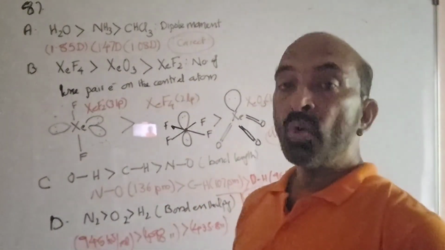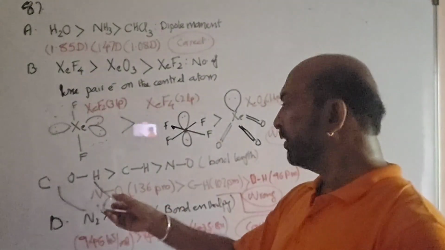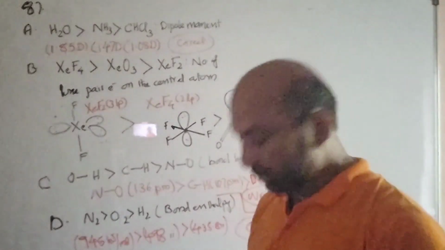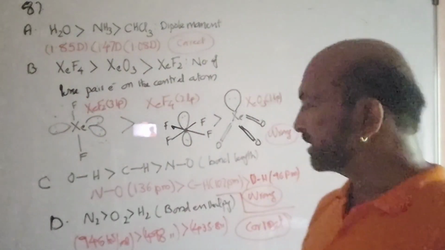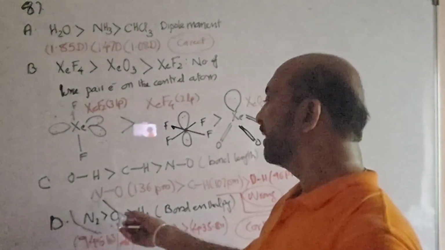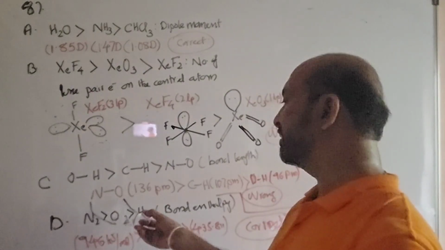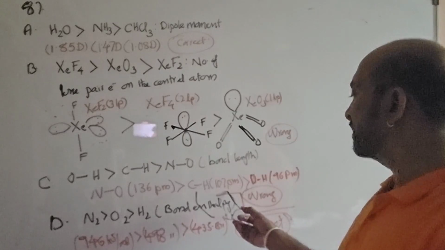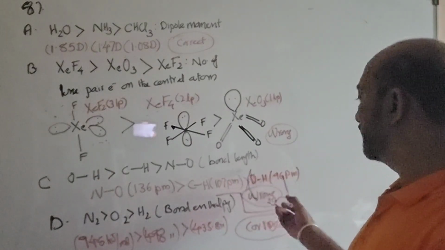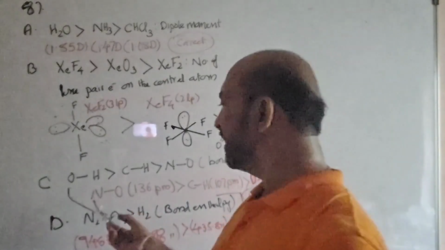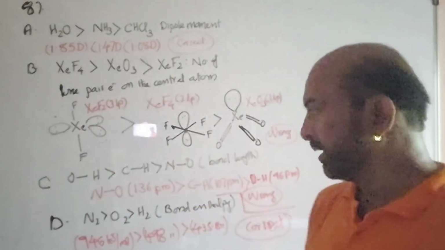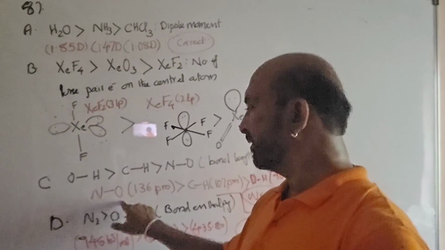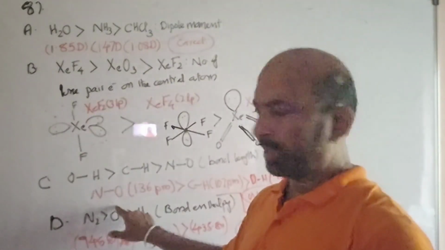Next is bond length. They have given O-H greater than C-H greater than N-O. Only those who are familiar with bond length values can answer this. N-O has the highest bond length, 136 pm, then C-H 107, then O-H 96. Some rough ideas we can gather: since hydrogen is not involved, N-O is the highest.